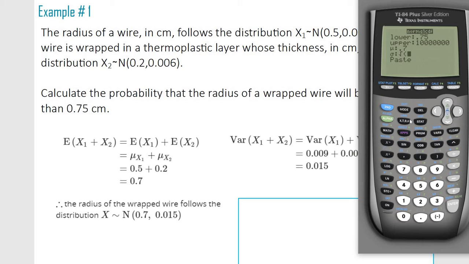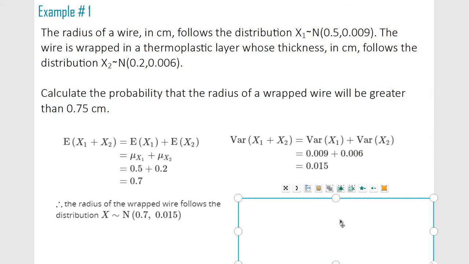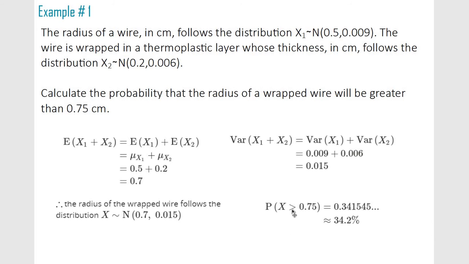So we want to put in the standard deviation, which is the square root. We knock that out, and that gives us the probability that it's greater than 0.75 using a normal CDF function on your calculator. And that's all you have to do.